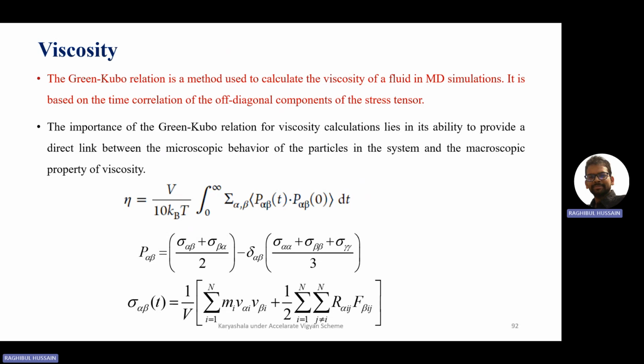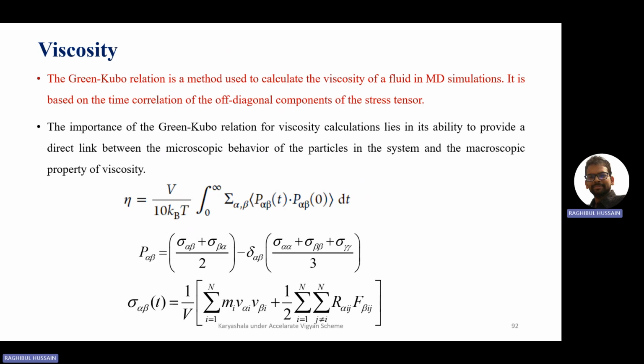So I am getting the shear stress, sigma xy at time t. That is, alpha is the x direction velocity of the ith component, and beta is the y direction velocity of the ith component. Similarly, this r is in the alpha direction, that means the x direction, r_ij, with its nearest neighbor, because j is not equal to i.